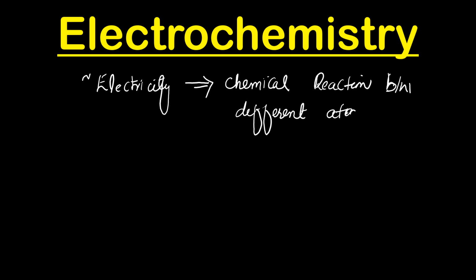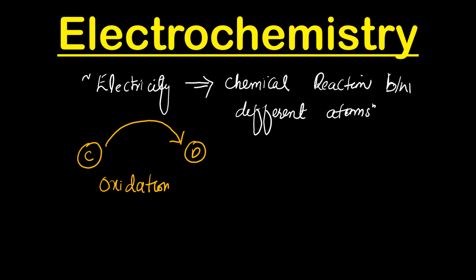Suppose we have two atoms, atom C and atom D. And this atom C is not willing to transfer electrons from C to D, and it doesn't want oxidation reduction reactions.